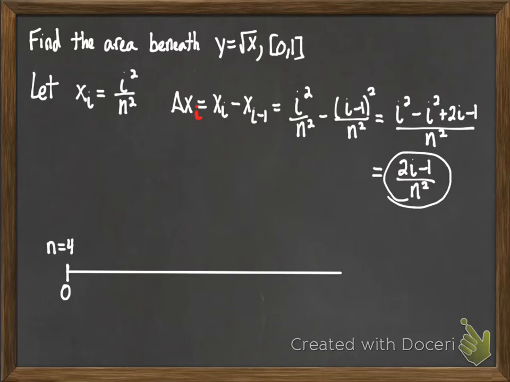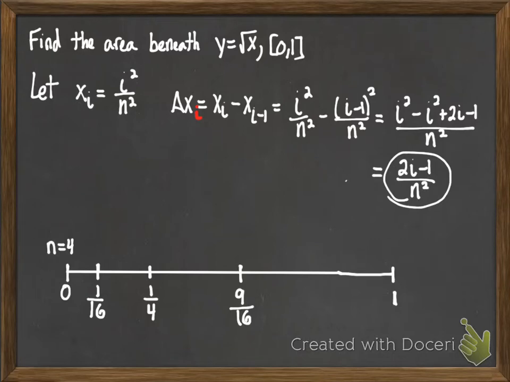When i is equal to 1, the next point in the partition would be 1 squared over 4 squared, which is 1/16. Then 2 squared over 4 squared is 1/4, 3 squared over 4 squared is 9/16, and finally i equals 4 gives 4 squared over 4 squared, which is 1. You can see how the intervals get progressively bigger as we go from left to right.